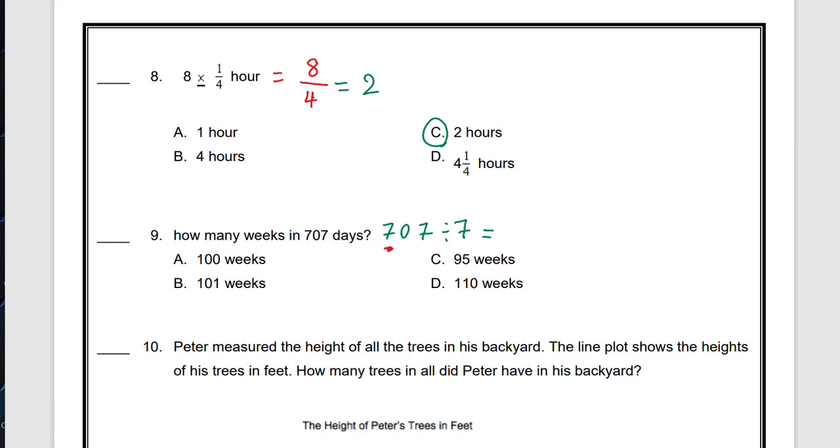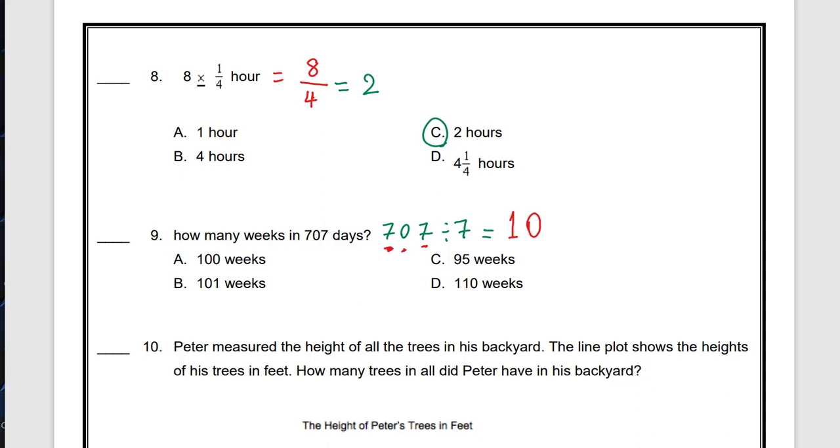7 divided by 7 equals 1. Divide, not times. And 0 divided by 7 is 0.